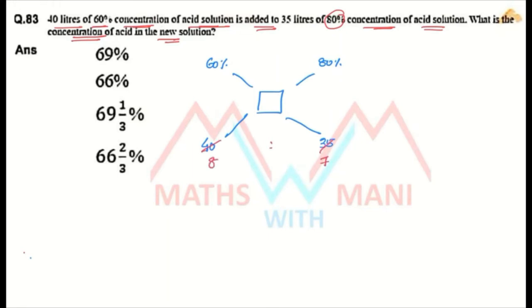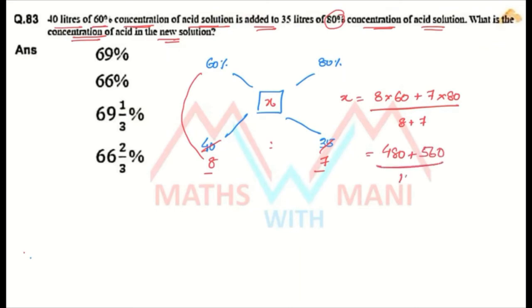How do you find this? Suppose it is x, so x is equal to 8 into 60 plus 7 into 80, by 8 plus 7. So 8 into 60 how much? 480. 7 eights are 560, by 15. 480 plus 560.